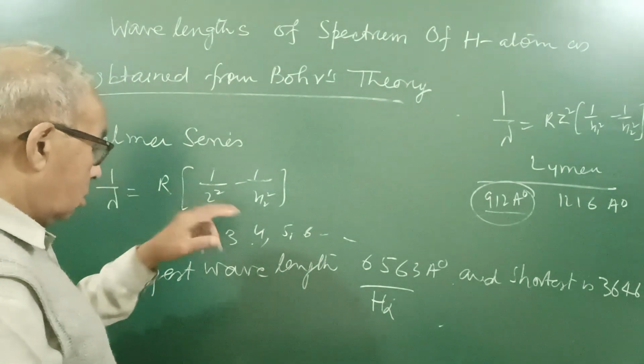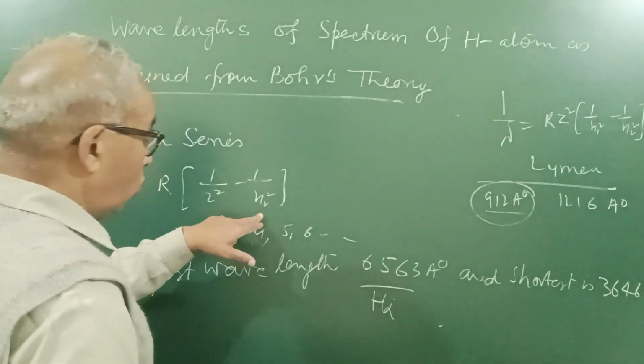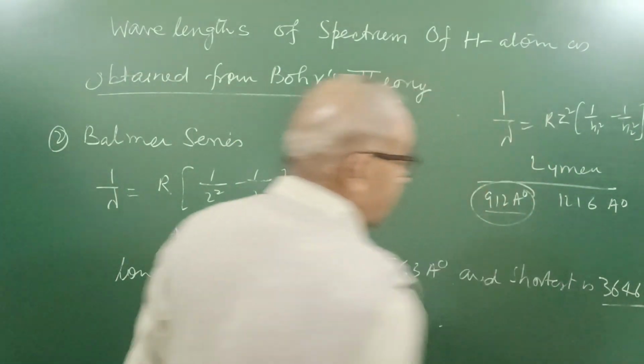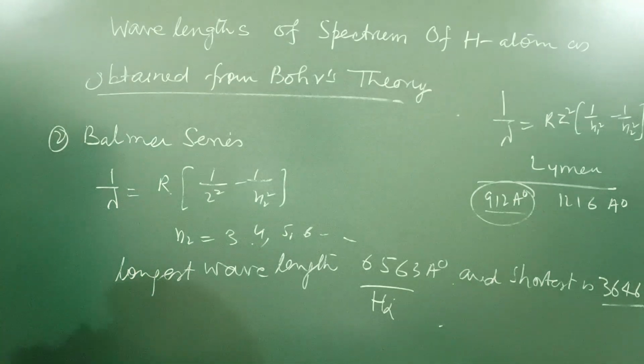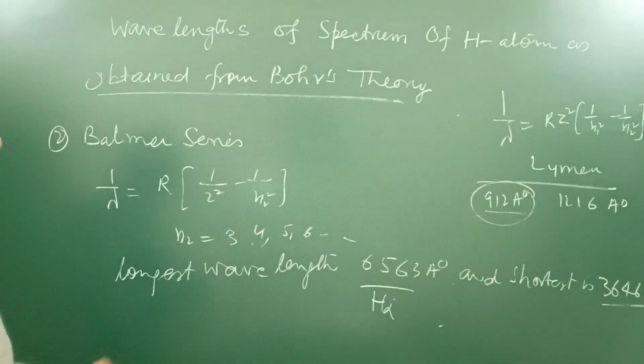Putting n equal to 3 we get H alpha, n equal to 4 gives H beta, and so on until infinity. So these are the wavelengths of radiation of the Balmer series.